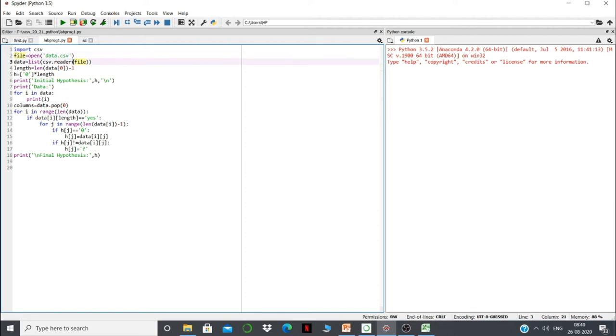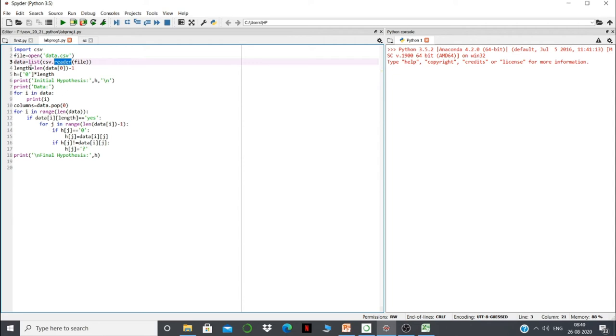Next, this file is arranged in the form of a list and represented in a name data, where it will be in the form of a list. That is why the reader is used to read this particular file, and then after reading this file, convert it into list form.